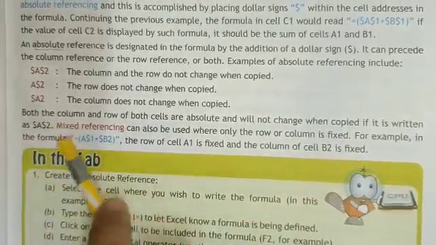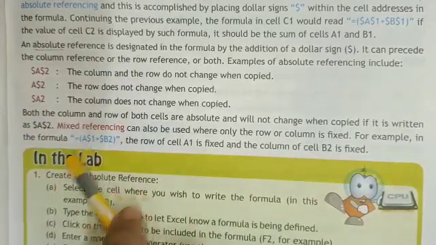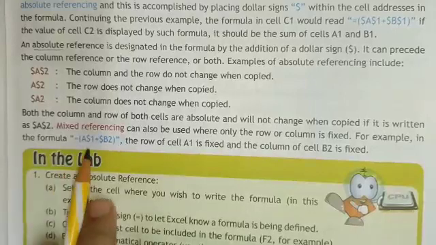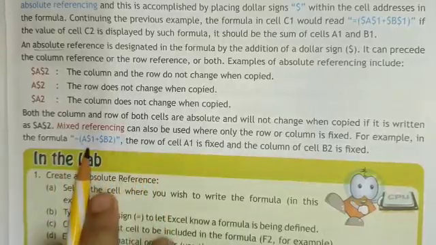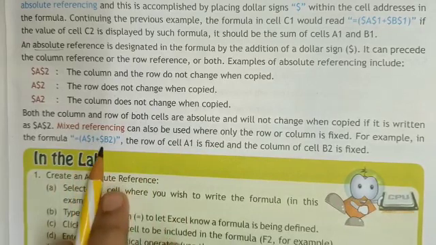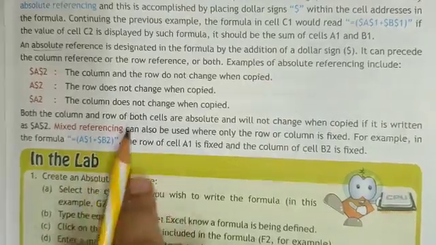Here the row 1 is fixed, and here the column B is fixed. This is called mixed reference.